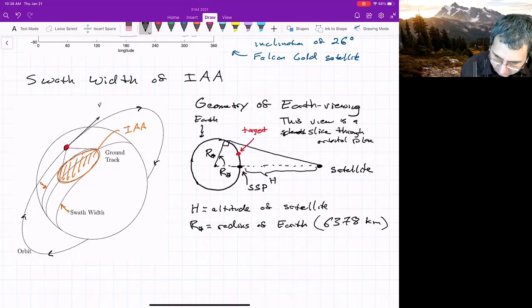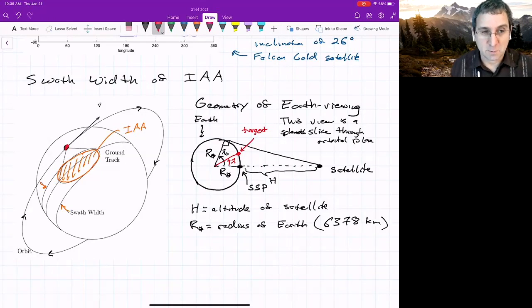We're going to call that lambda naught. The angle from the direction of the satellite to the target, we'll call that lambda. So of course we can't see anything for lambda greater than lambda naught. So we'd like to know what lambda naught is.